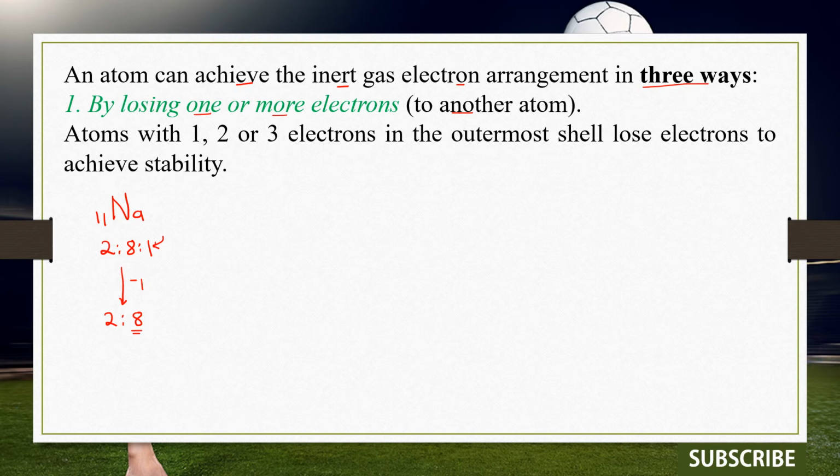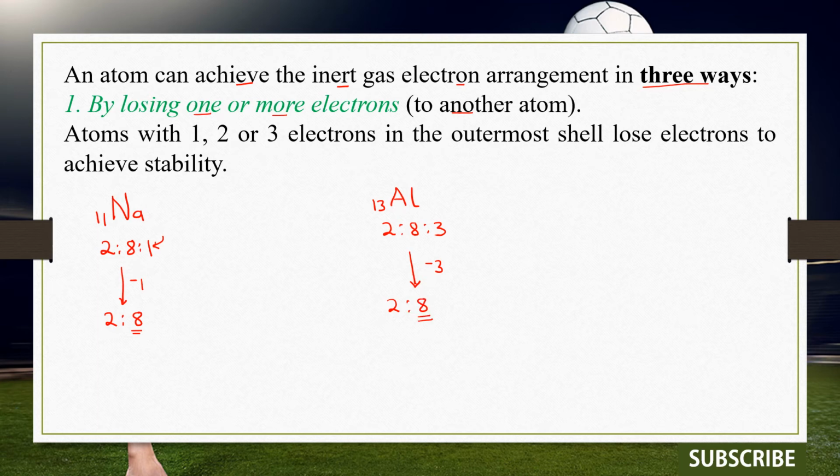The second example could be for aluminium. Aluminium has atomic number 13, and that means electronic configuration is 2,8,3. So aluminium will need to lose 3 electrons so that the new electronic configuration becomes 2,8, maximum number of electrons in the last energy level.